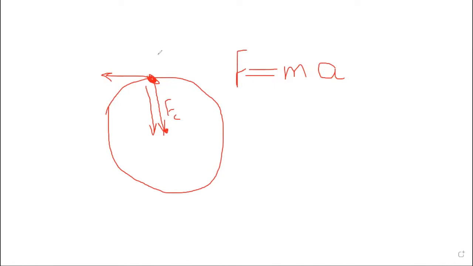Okay. The direction of the acceleration in this case is in the same direction as the centripetal force, like this arrow. Both of them act toward the center of the circle. What is the type of this acceleration? Will it be linear acceleration or non-linear acceleration?